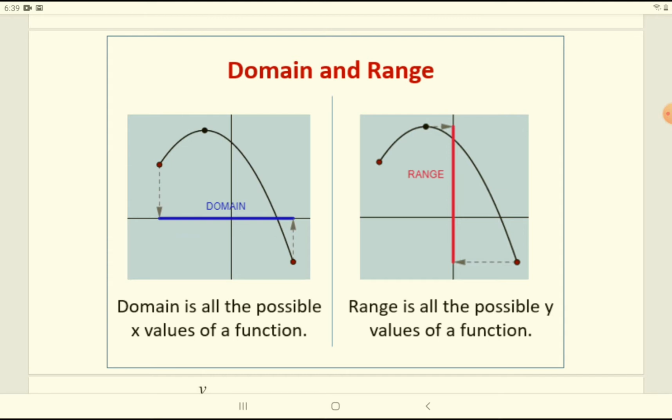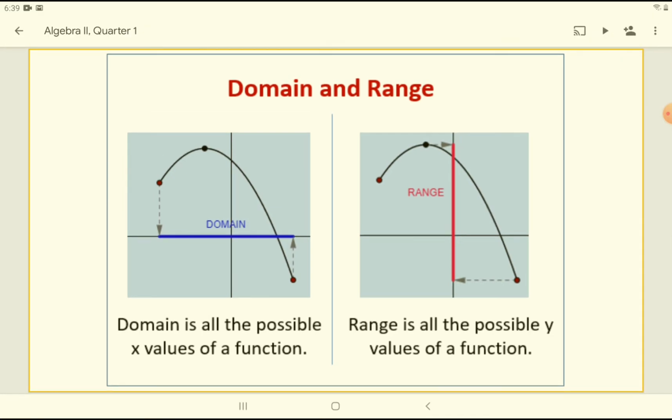So let's look at the domain. On the left, it's got this blue thick line spanning across the entire curve. It's a parabola, but let's just call it a curve.